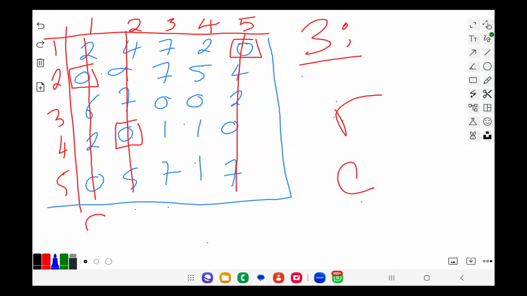Column 1, we didn't work on it because it was already deleted when we were doing row reduction. It was deleted, so we left it. We came to column 2, it was also already deleted. We left it. But when we came to columns 3 and 4, they are still there. They're not deleted. So when you get to column 3, ask yourself, how many zeros do we have in this column? You get the point, eh? How many zeros do we have in this particular column?